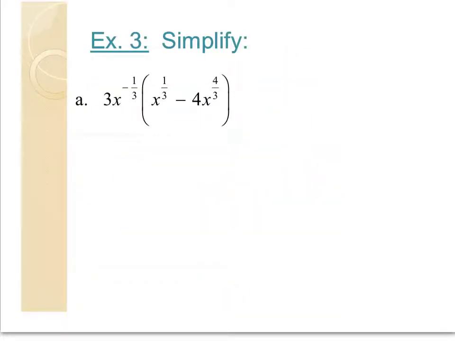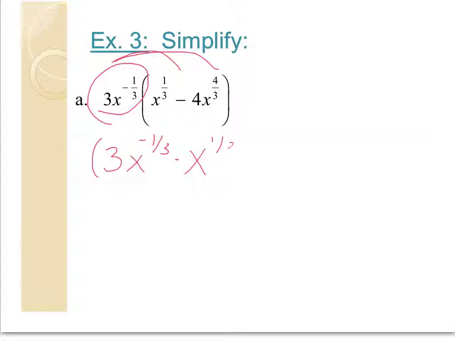Example 3 tells us to simplify. When you see something outside multiplying something inside, you're going to think you need to distribute. So to take this and distribute, I'm going to have 3x to the negative 1/3 times x to the 1/3 minus 3x to the negative 1/3 times 4x to the 4/3.